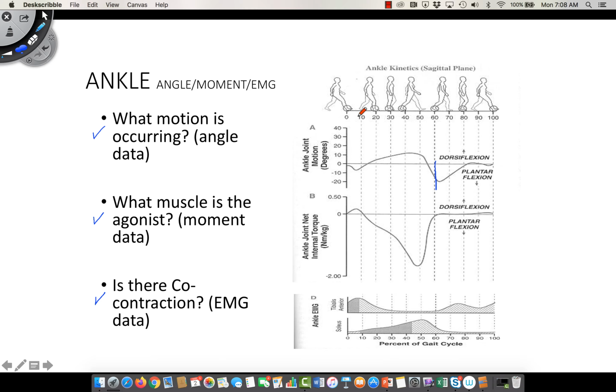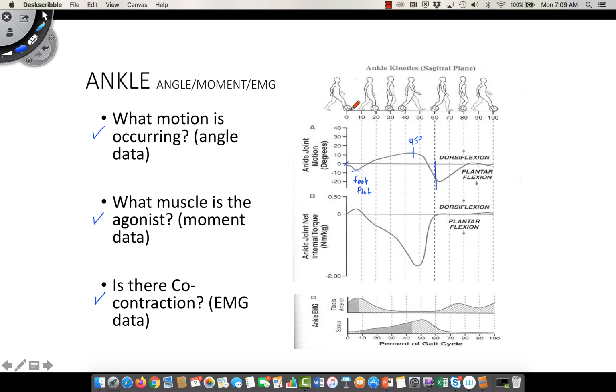During a typical stride, at initial contact, the heel strikes the ground and then the foot plantar flexes just a little bit to make the foot go flat. This is foot flat here. And then once the foot is flat, there's a gradual progression into dorsiflexion to about 45%. We can see that represented here.